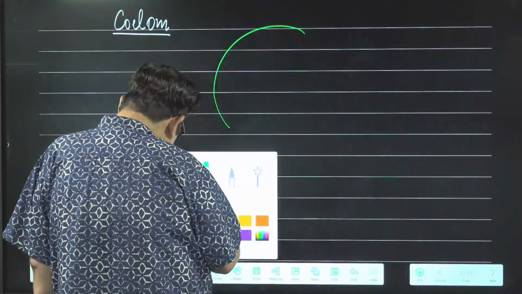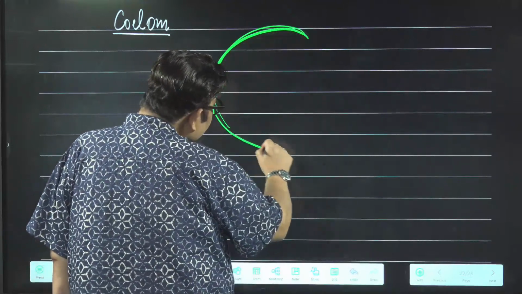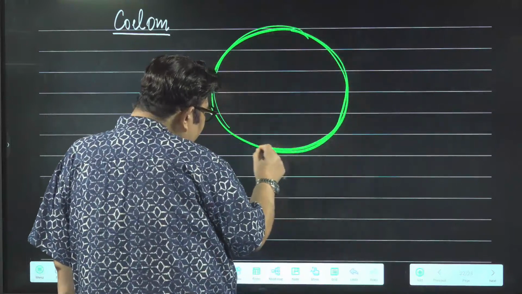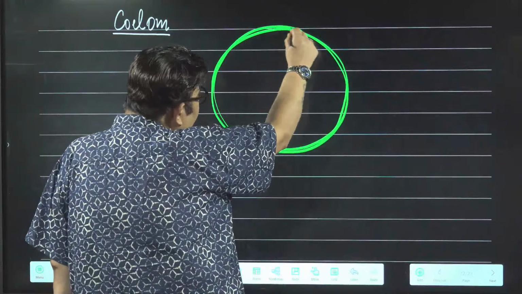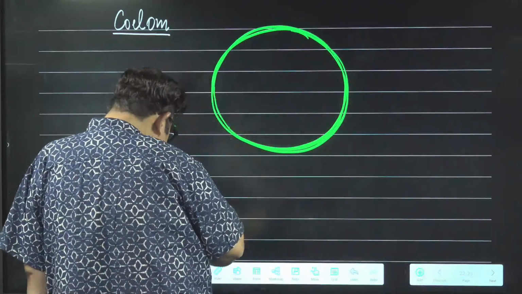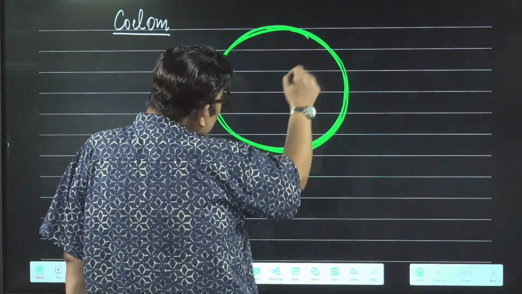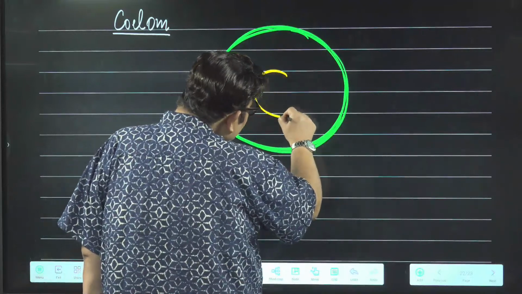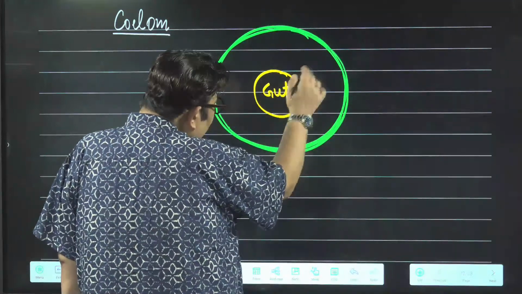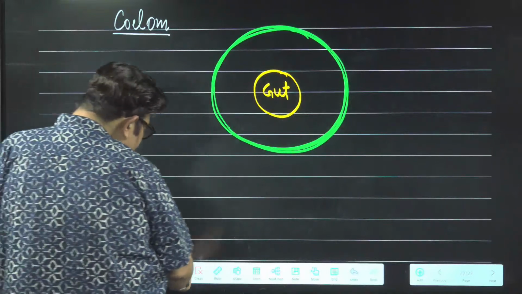In zoology, a true body cavity is supposed to be present inside the mesoderm. That means in triploblastic organizations where there are 3 germ layers. Let me show you: this is the outer body wall and this is the gut wall, and in between we find the mesoderm.